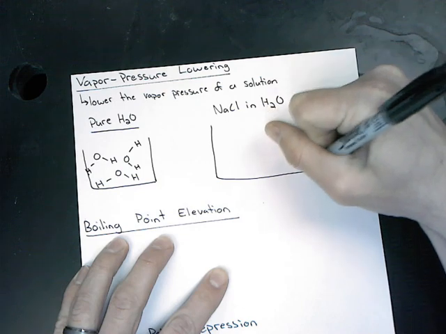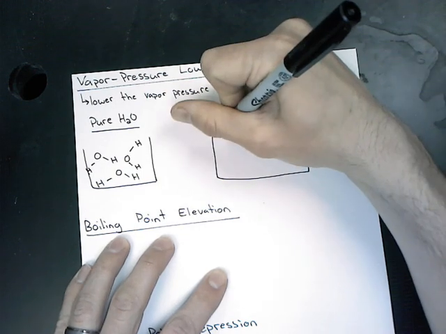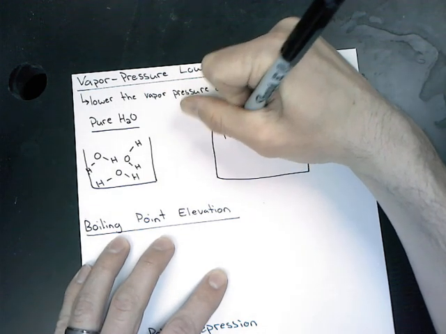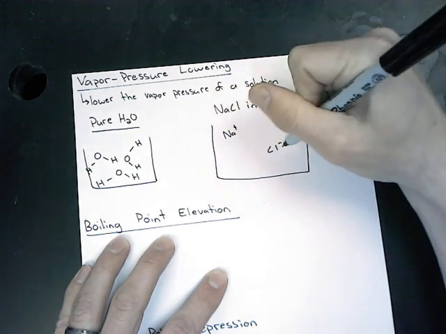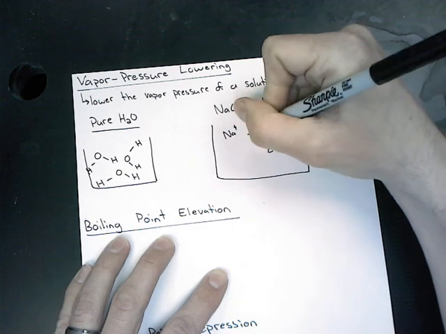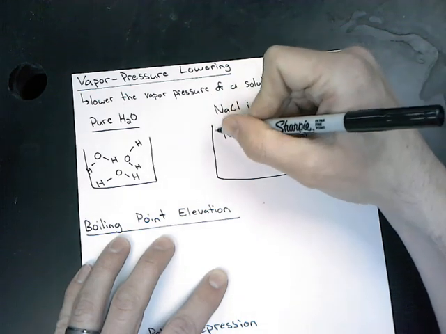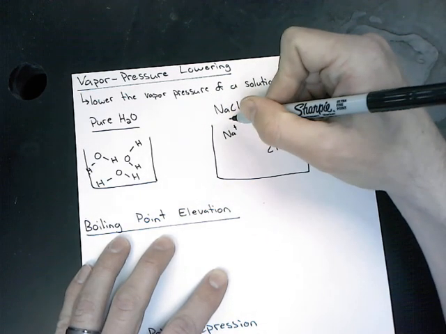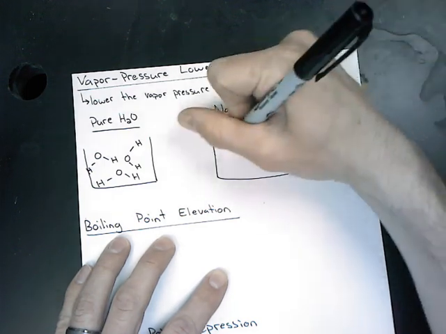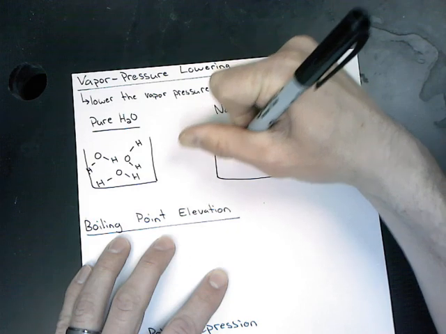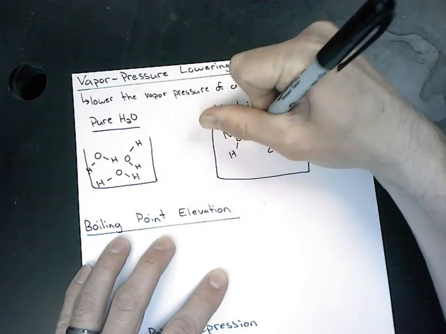What happens here is this. The sodium gets separated out from the chloride, and what happens here is that process of solvation occurs, and so we get the water to surround each of these ions, and so the water surrounding each of these ions would look like this.